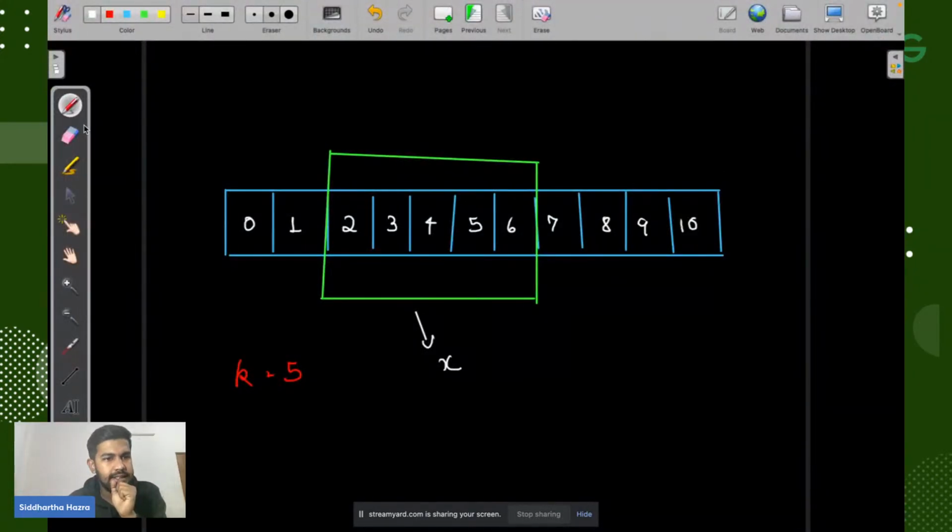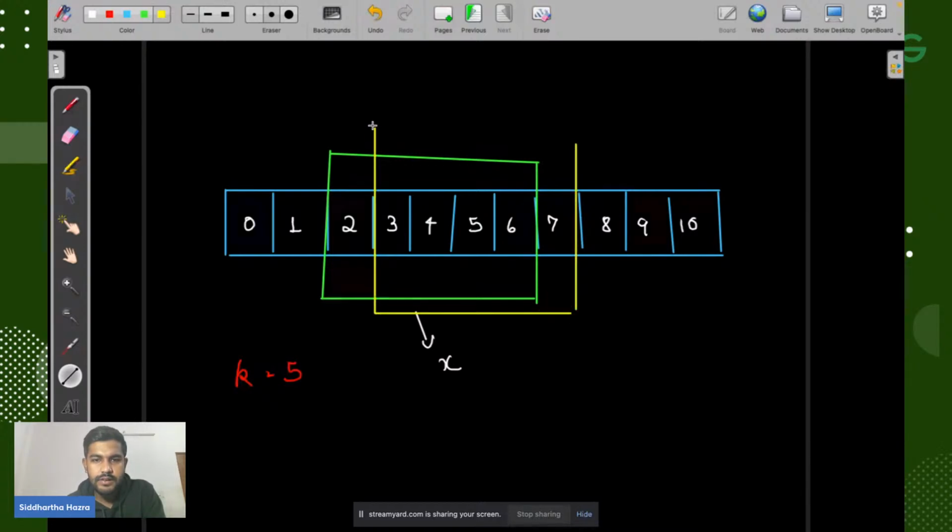Now see what would be the next value. Suppose this value is x. The next window would be like this.